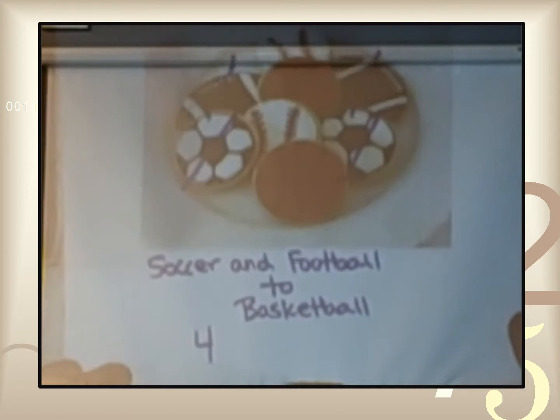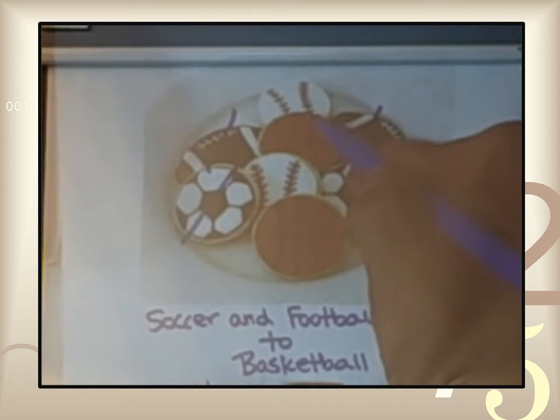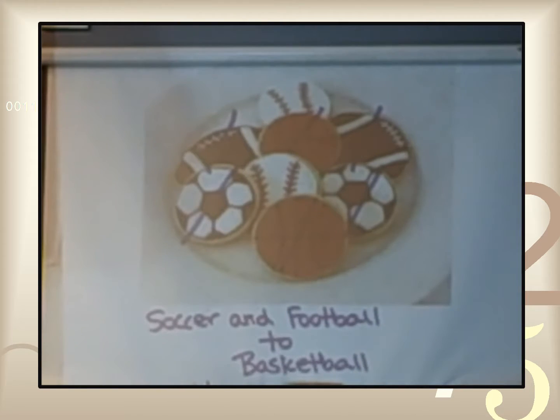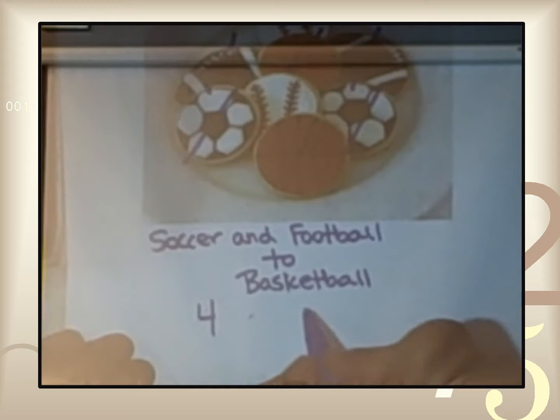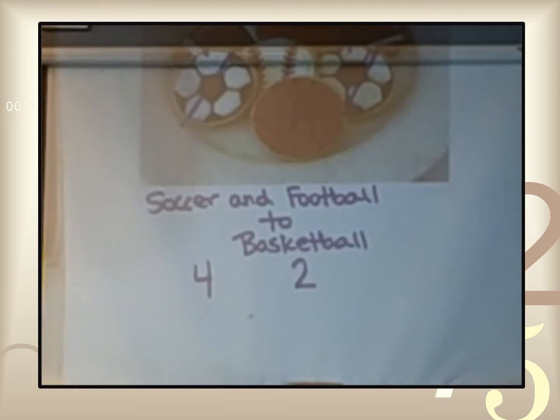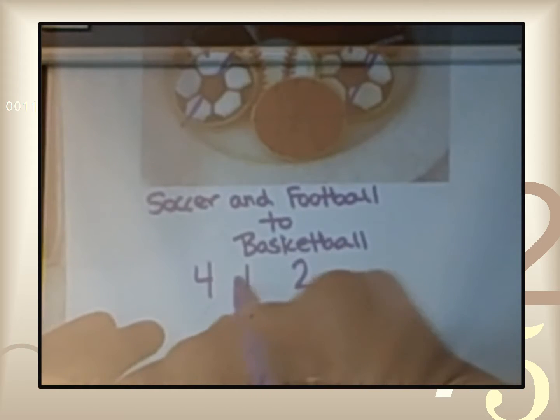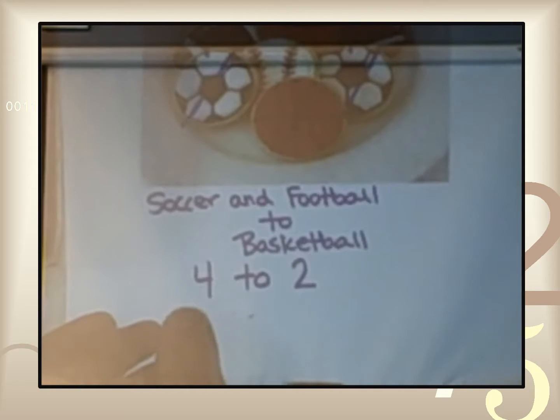Now let's look at the number of basketballs. So in looking at the picture, I see 1 and 2 basketballs. So my second number will be 2. Now I'd like for you to think of the 3 ways we're going to write this ratio. So the first way is to write it with the word "to," and we would read it as 4 to 2.